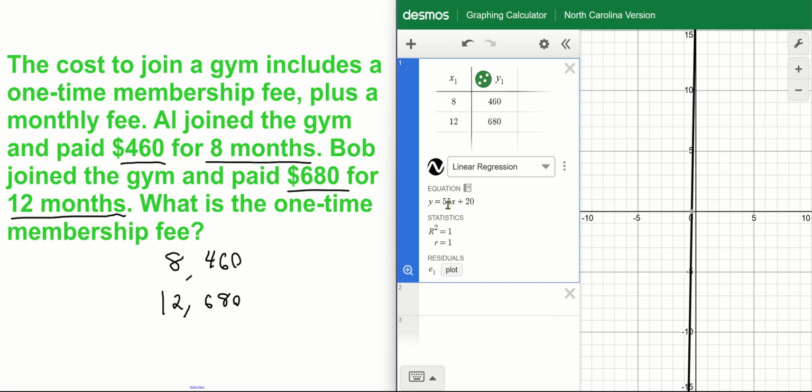So we got y equals 55x plus 20. Well, we're looking for the y-intercept. So in this case, my y-intercept is going to be $20. Everybody following how that works? Any questions on that?